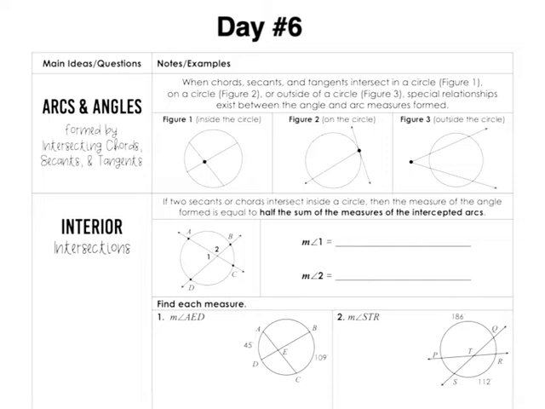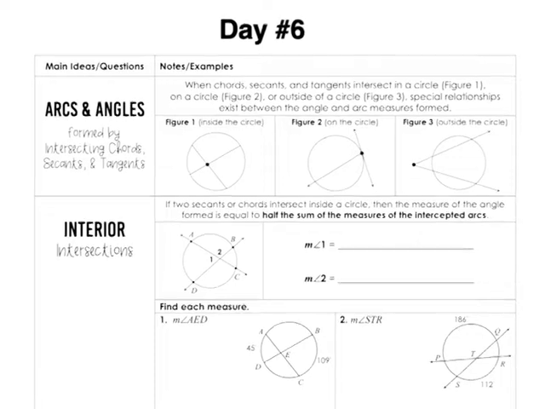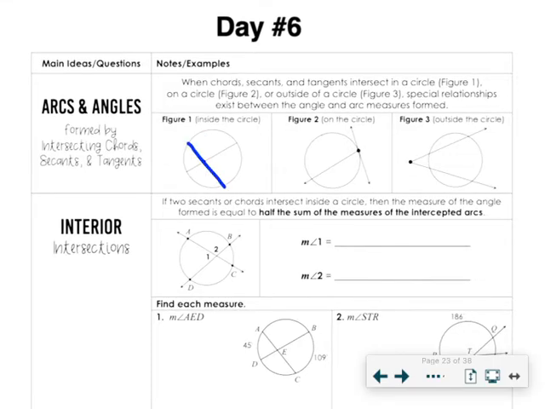There's a couple pictures here that you can see. Sometimes these lines intersect inside the circle. If they intersect on the inside, there's an arc here and here that get cut off for these two angles, and there's a relationship there, but there's also a relationship with these two angles and these arcs.